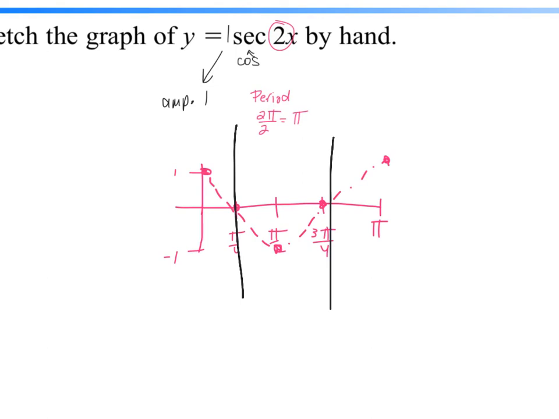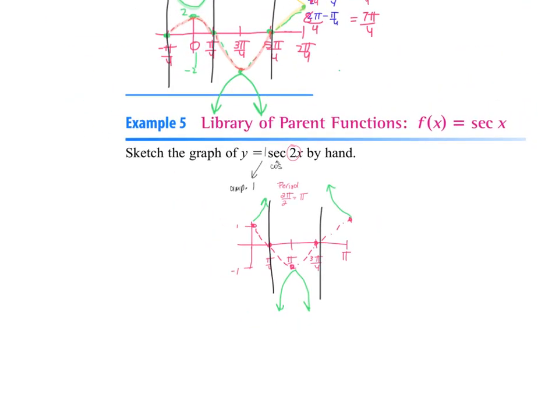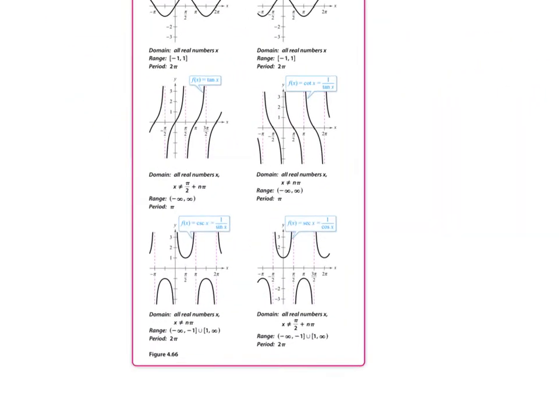So, would you guys agree with me that my secant curve would be something like this? In the green? Yeah? Okay. Does that make sense? It's kind of a lot.